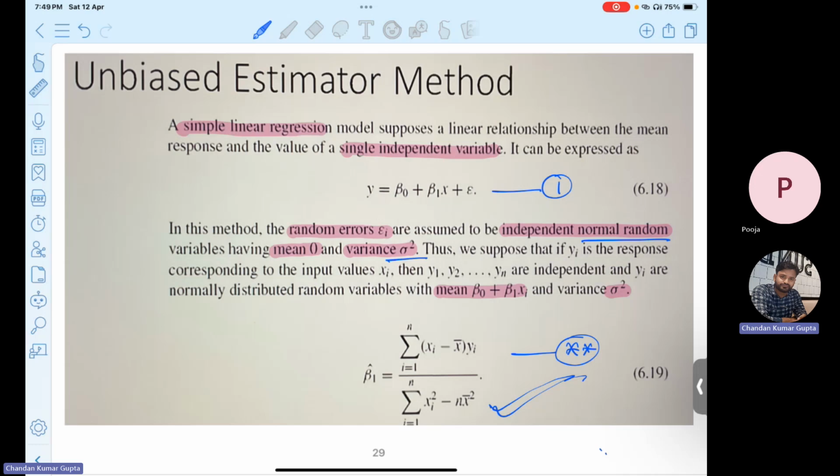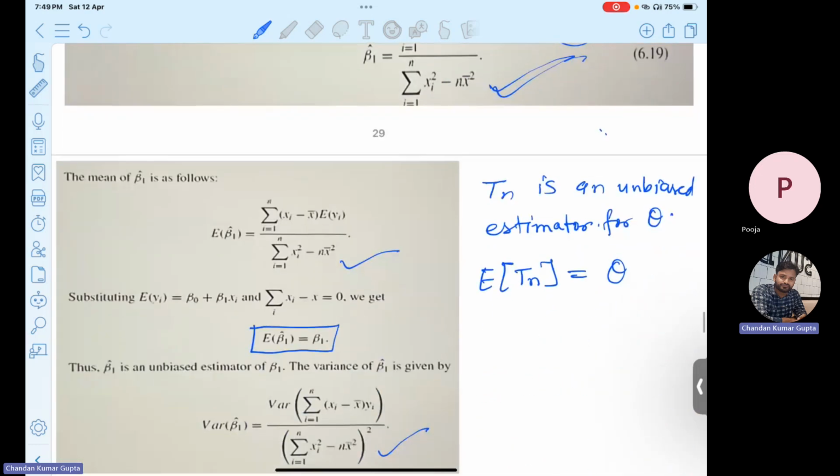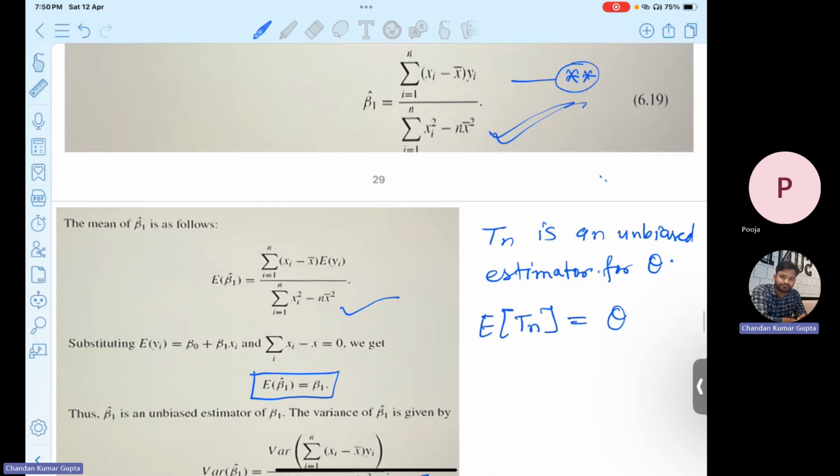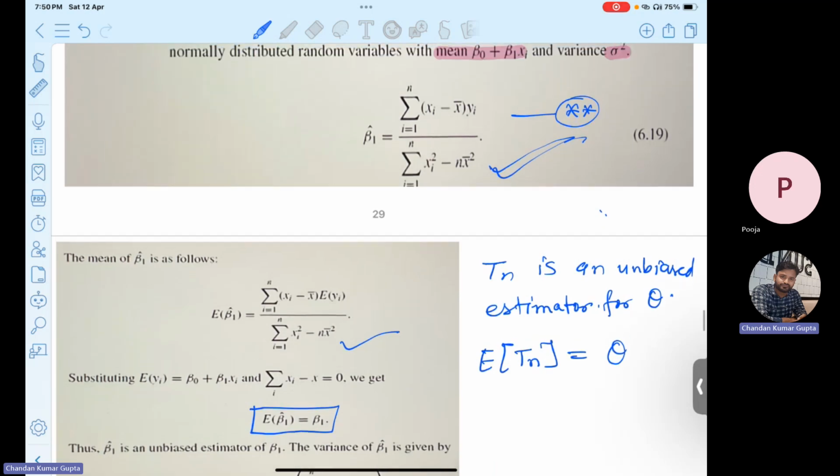Now we need to check whether it is unbiased or not. For unbiasedness, we need to check that the expected value of the estimator is equal to the parameter itself. So we have taken the expectation of beta 1 cap.